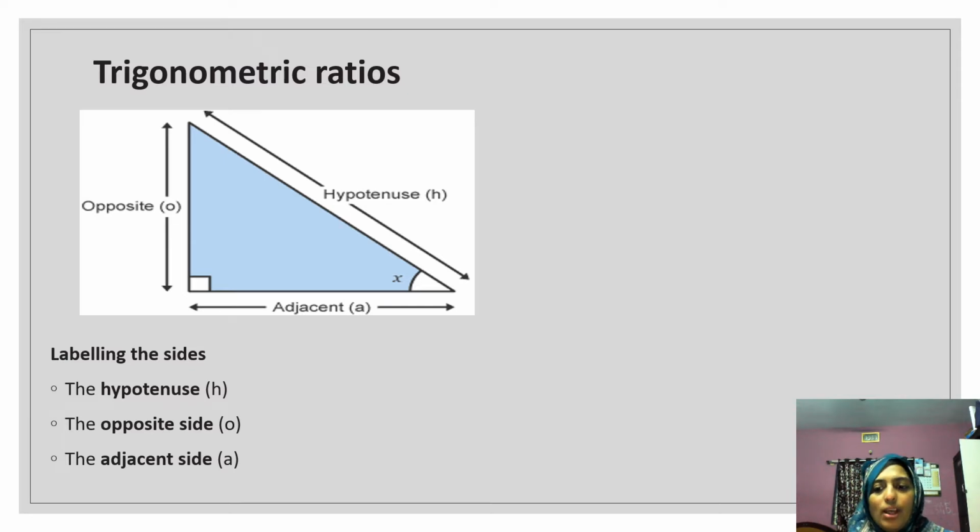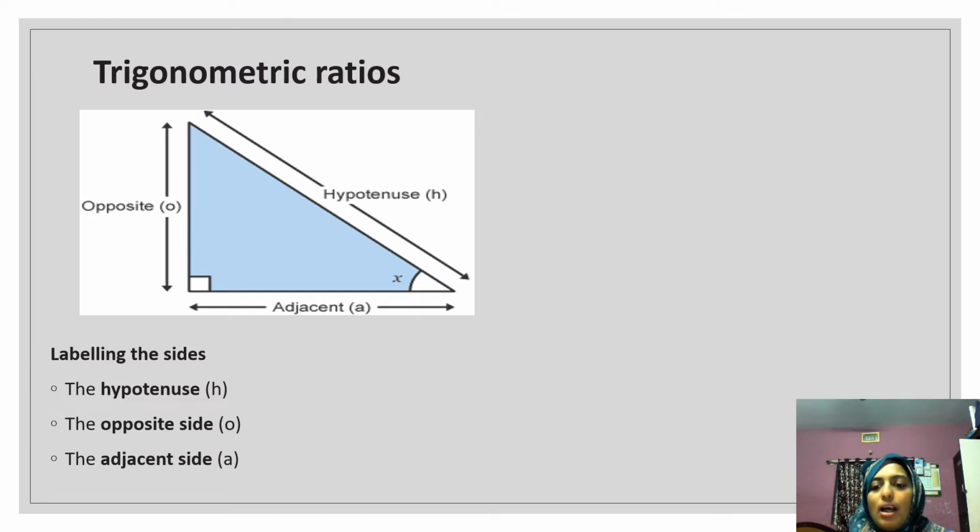First we'll see how we are going to label the sides. So we have a right angle triangle, that is, in a triangle you will have one right angle, that is 90 degrees. The opposite and longest side of the right angle triangle is known as the hypotenuse.